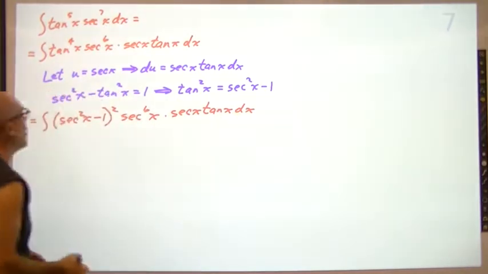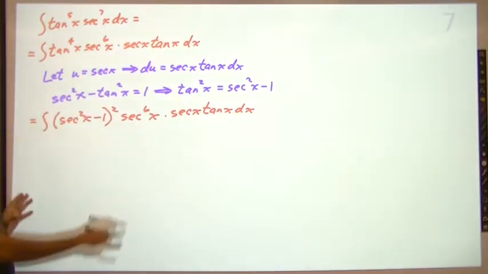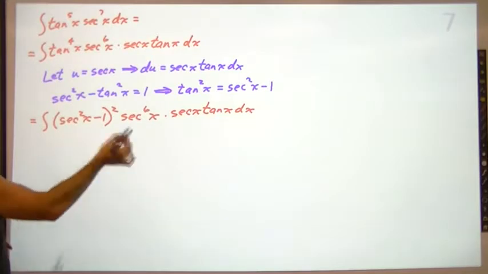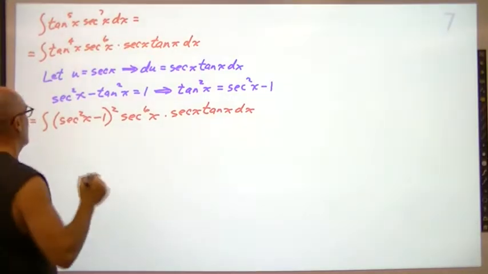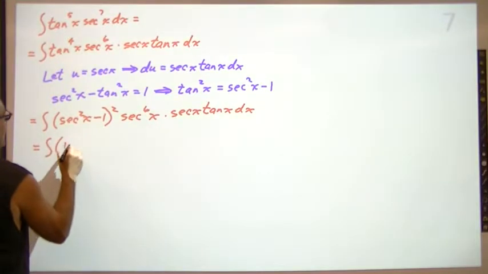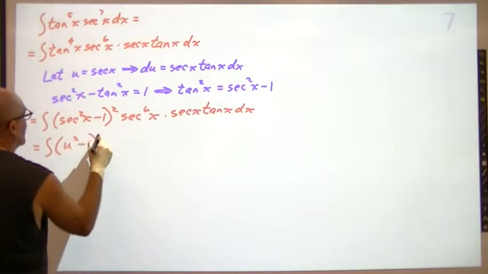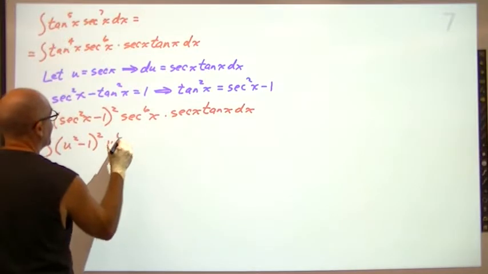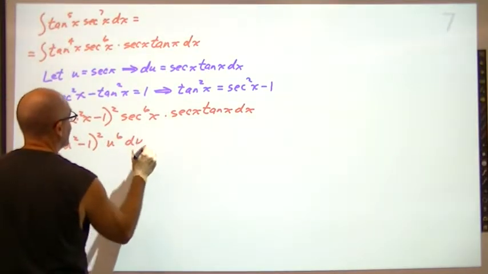All right, so now I'm ready to turn all the secants into u's and the secant tangent into du. So this whole thing equals the integral of (u squared minus 1) squared times u to the sixth du.